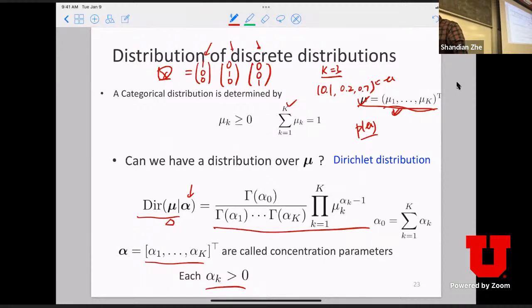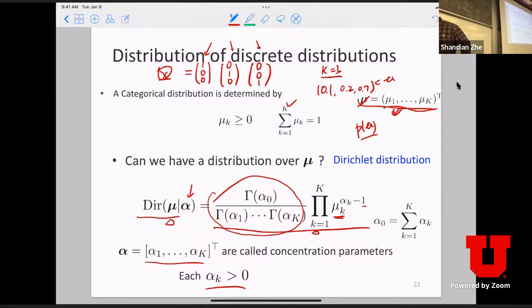The form is pretty similar to the probability of a discrete or categorical variable, but now you have mu k as the base, and you take the power of the parameter alpha k minus 1, and you multiply over all possible categories in your distribution.